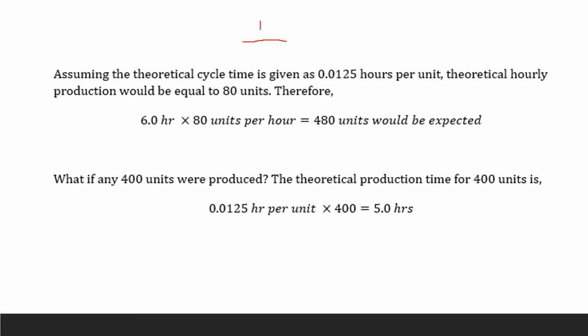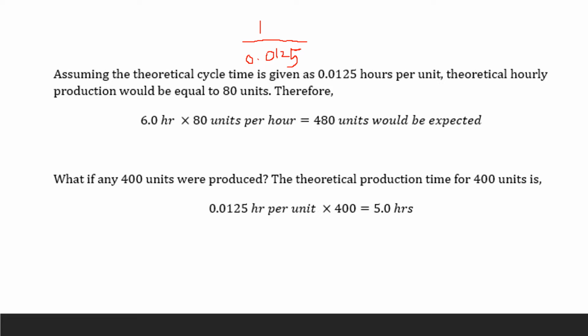So here I'm going to show you, 1 divided by 0.0125, that's how you do it. Calculate that in your calculator and you will definitely get 80 units.